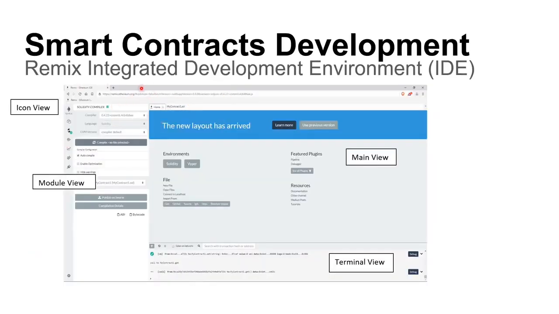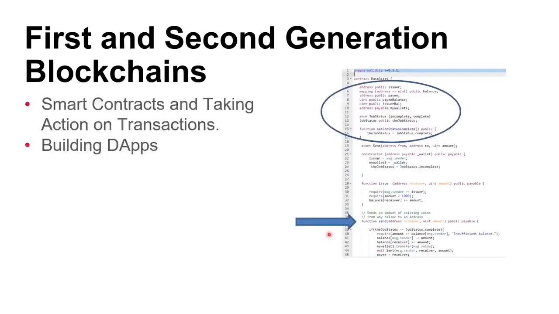So when you navigate to the URL, you can see the Remix development environment and its various modules or views. We have our editor here, where you can see the syntax highlighting.